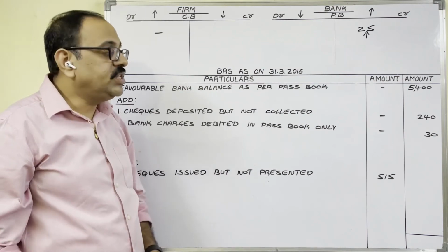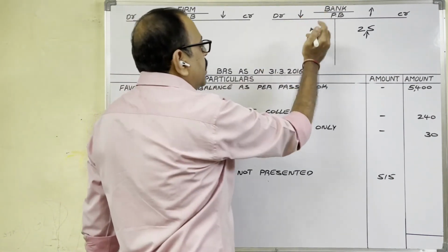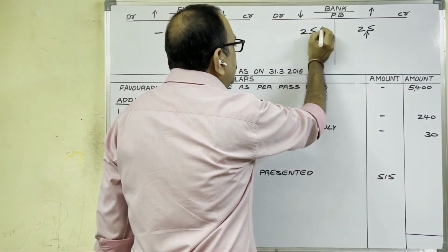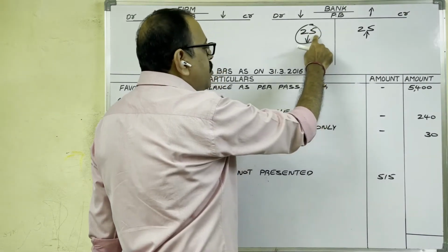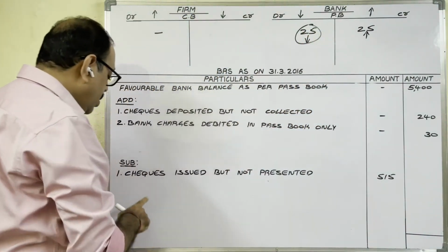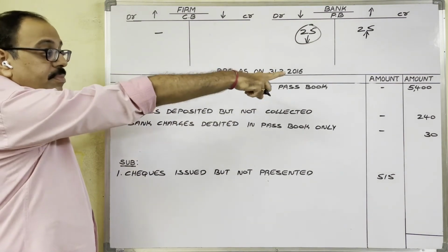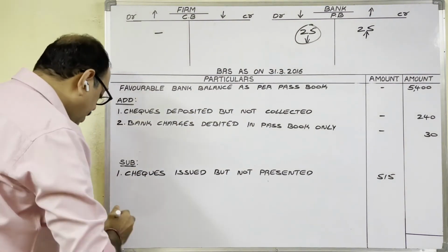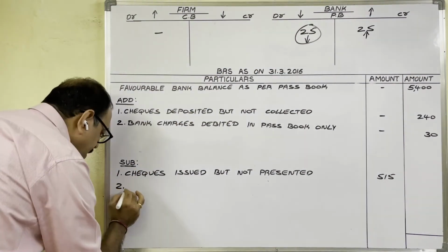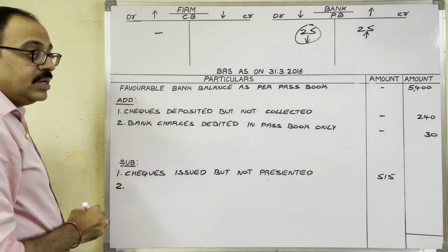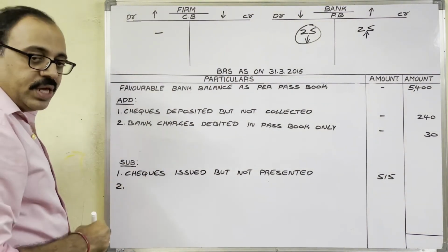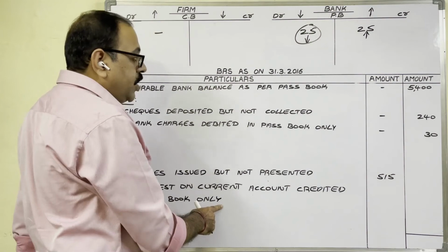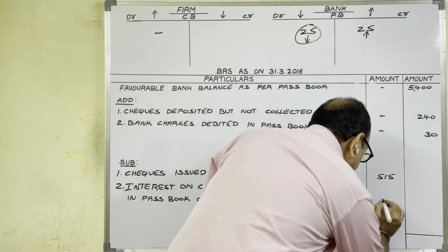Decrease in passbook means which side? Debit side. 25 rupees decrease. Answer is coming as decrease, no? Therefore we have to subtract that amount from 5400. Second point: interest on current account credited in passbook only. Amount in outer column, 25 rupees.